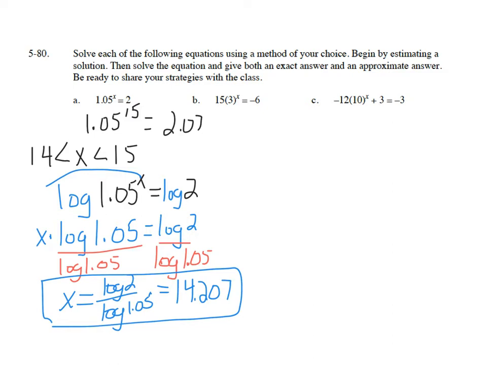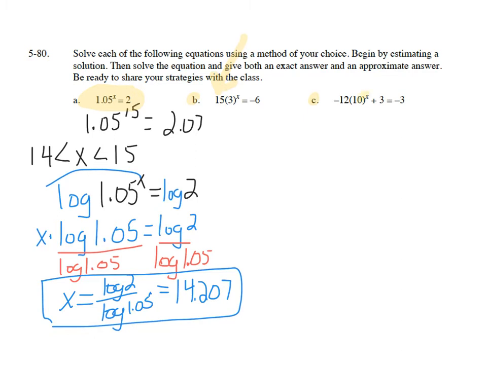Now, B and C, I'm going to have you try those on your own. In the process of doing this, think about how we were able to take the log of both sides over here. I was able to take the log of both sides because I had my base of 1.05 raised to the x by itself. You need to get the 3 to the x by itself by getting rid of the 15.